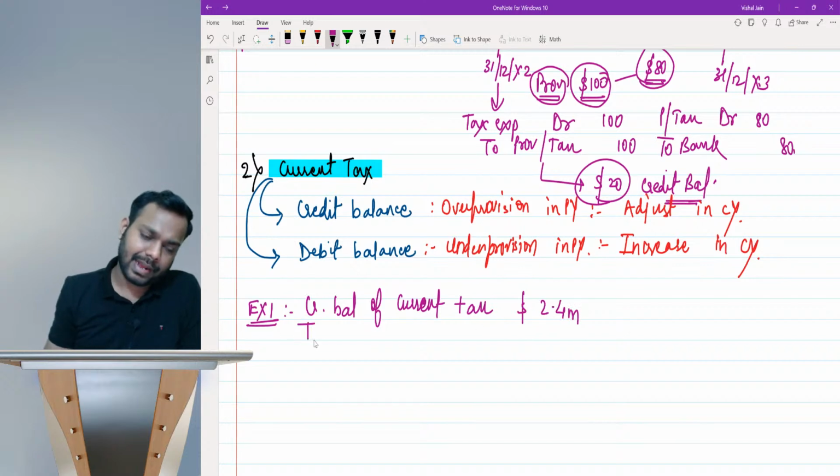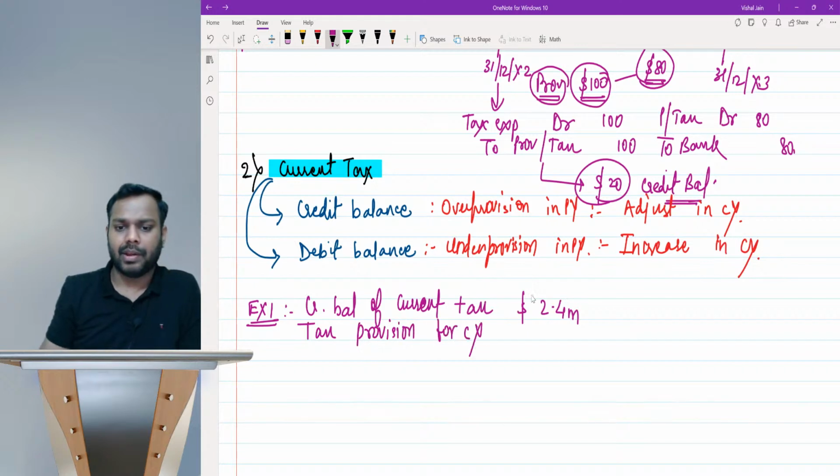Tax provision for the current year is $15 million.